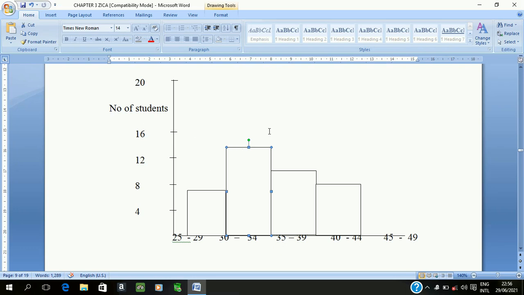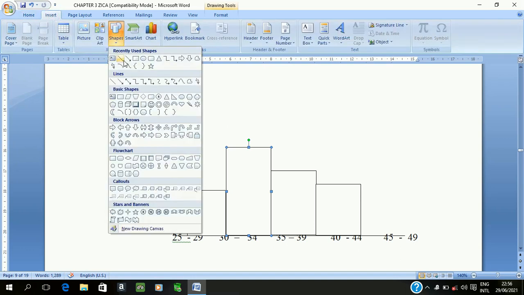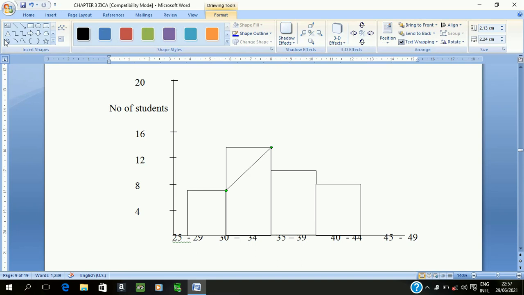If you are using a graph to determine the mode, all you have to do is draw diagonals across the ends of the bar chart. Of course, you have to locate the tallest bar, which will represent the modal class bar.